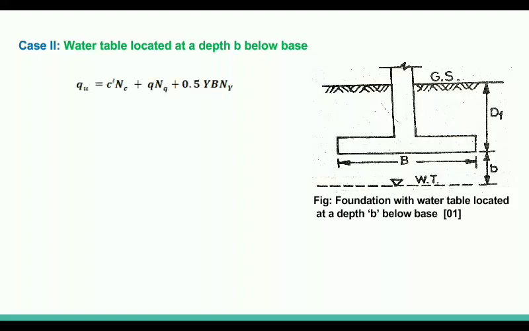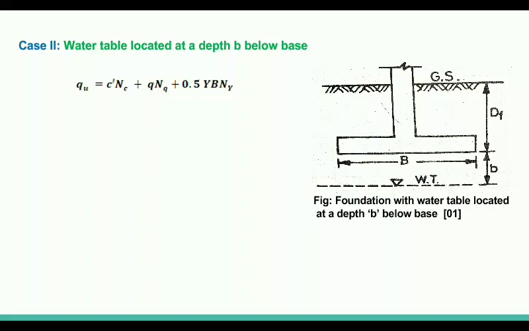So what will happen? In the formula of Terzaghi bearing capacity theory, the first term c' Nc is due to the cohesion, the second term with Nq is due to the surcharge, and the third term is due to the weight of the soil just below the base of the footing, or immediately beneath the footing.